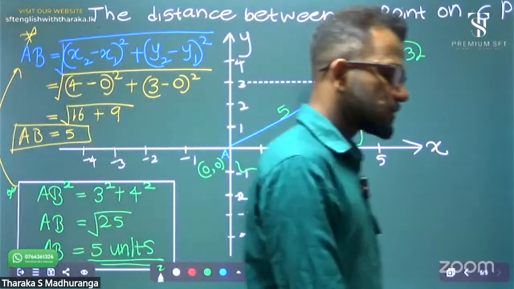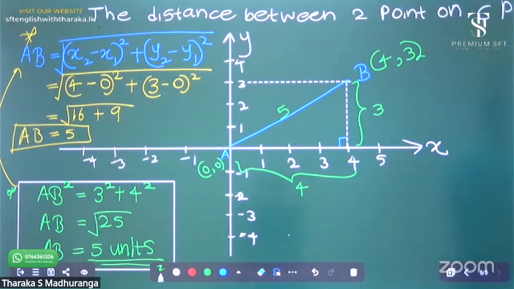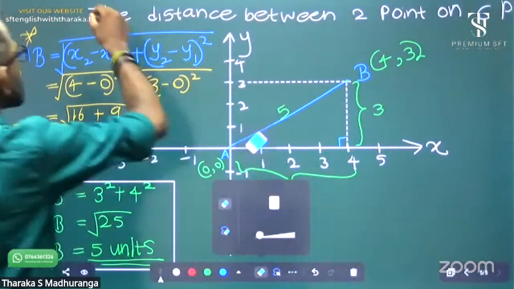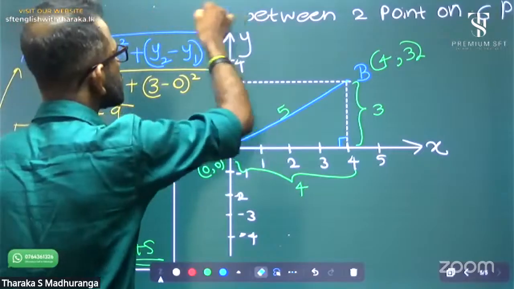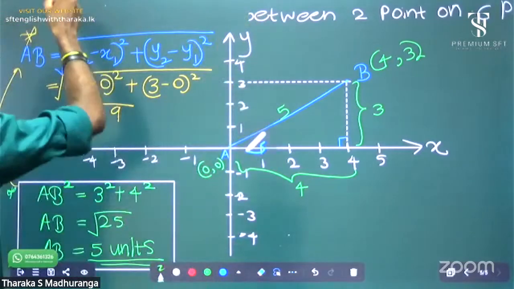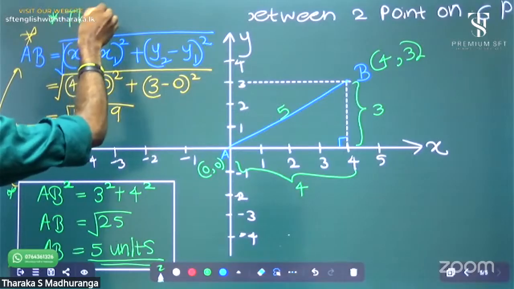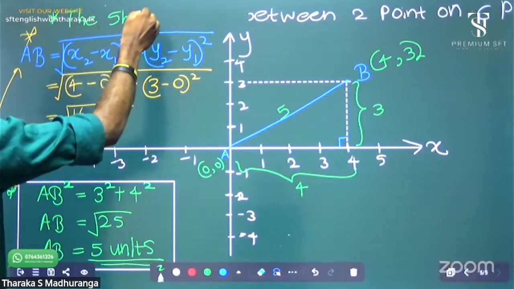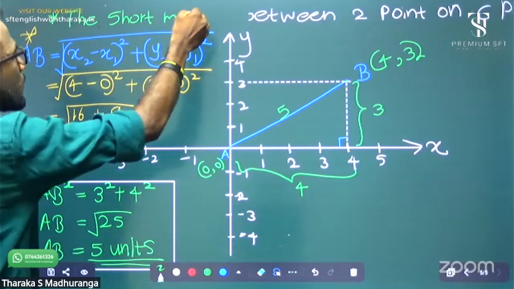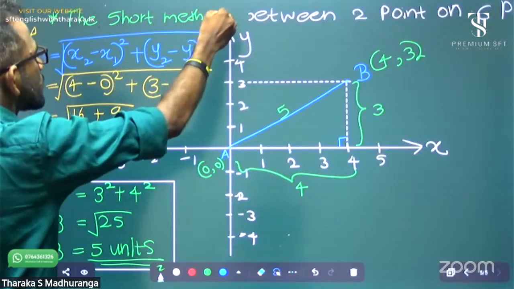Write down this box, Pythagoras theorem. Finally, write down the short method, and write down this.